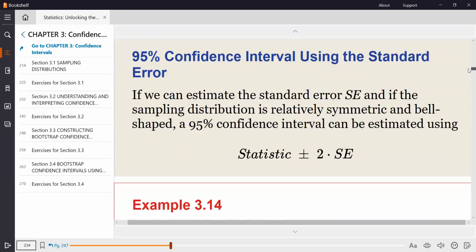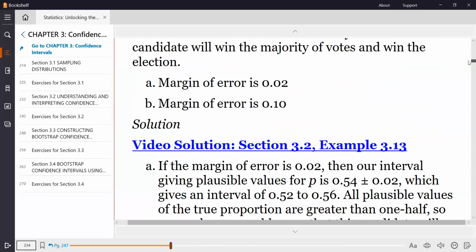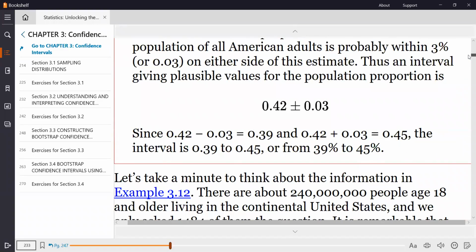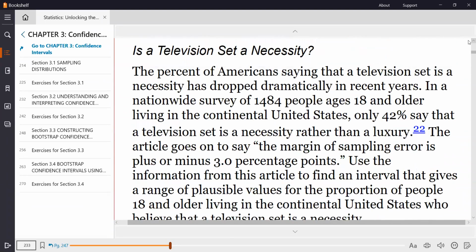I want to find that proportion question. All right, let's just find one of them. Yeah, this one here. So let's use this one here.